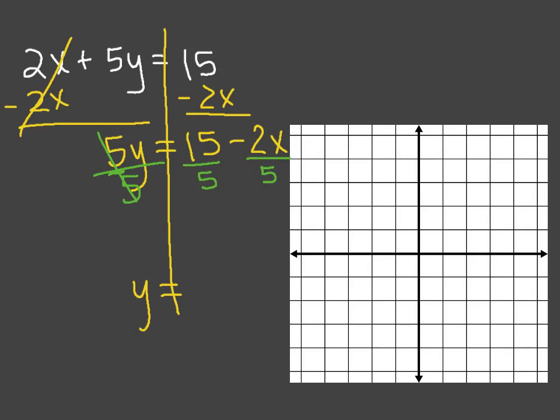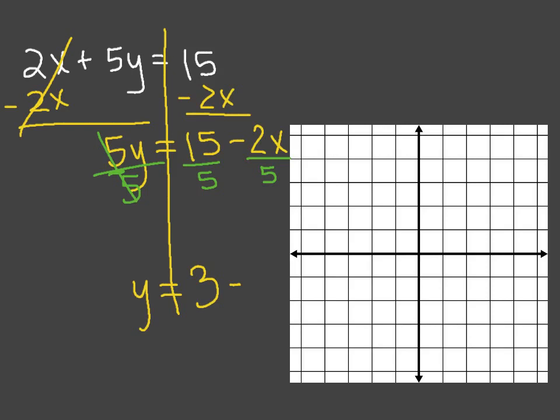If I look at this first part of my problem, 15 divided by 5, that will give me 3. Bring down my subtraction sign, and then if I look at the second part of the problem, 2 divided by 5. Well, 2 divided by 5 is going to make a decimal. It's going to make 0.4.